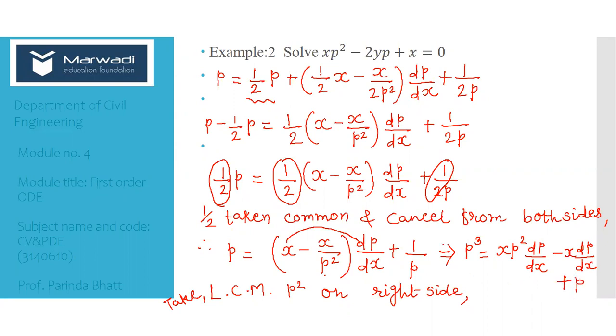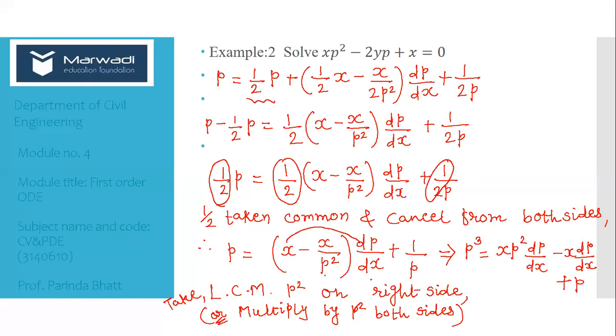Or in other words, you can multiply by p square both sides. Clear everyone up to the steps?